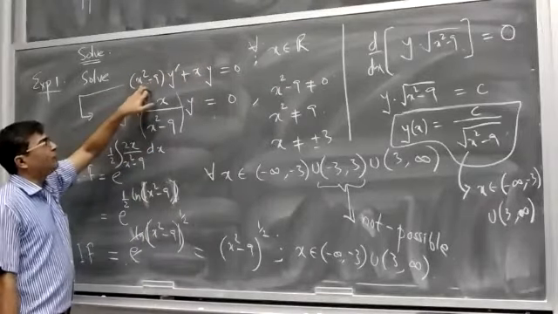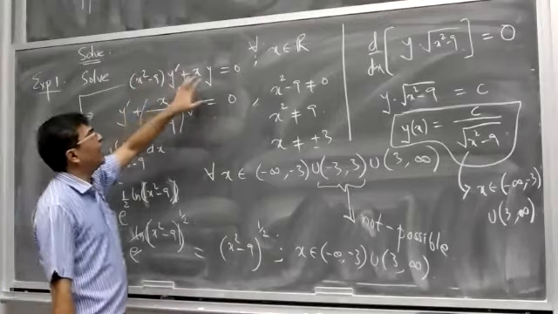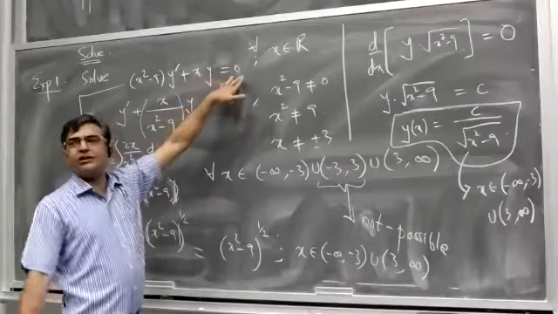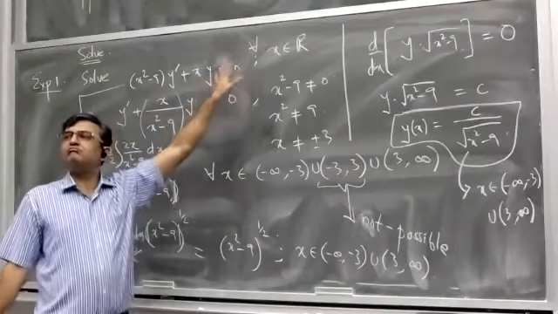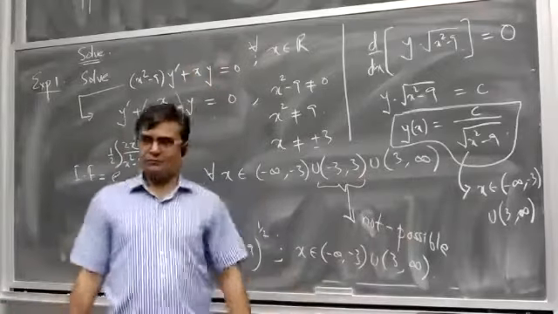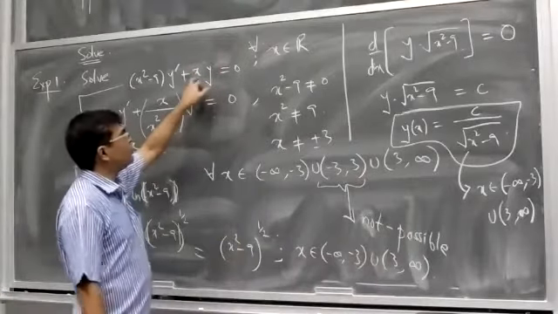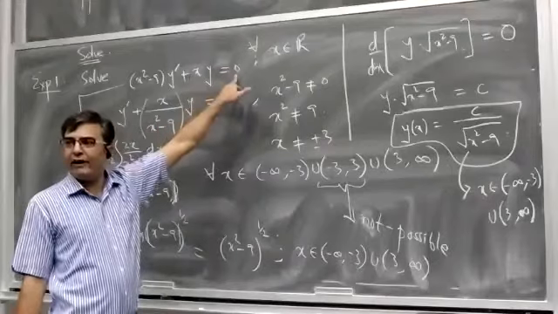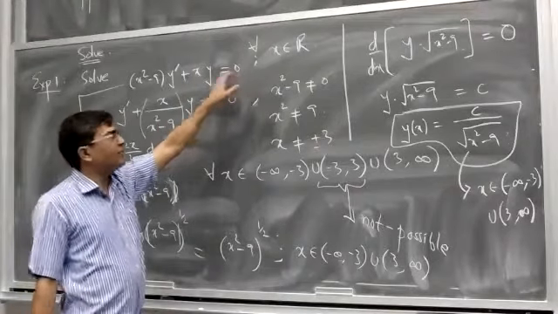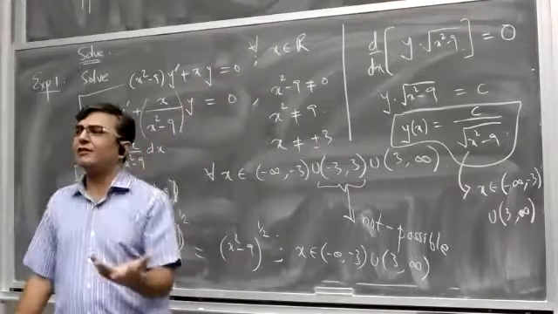Here, if you put 3, this factor will become 0. You get xy is equal to 0, which has no meaning, because when you divide by x on the right hand side, you get y is equal to 0. You get the trivial solution.